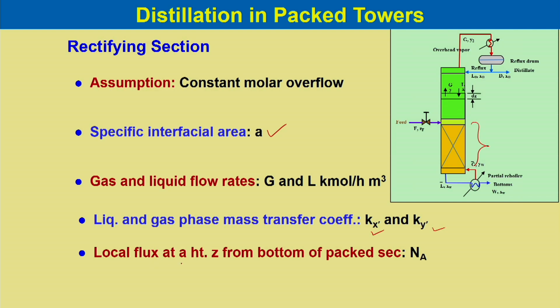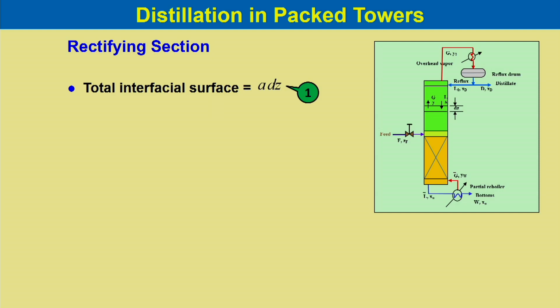Now, local flux at height Z from the bottom of the packed section we can define by NA. So, now the total interfacial surface would be a into dz. So, if we consider a differential section dz, the total interfacial surface would be a into dz, which is shown in equation 1.